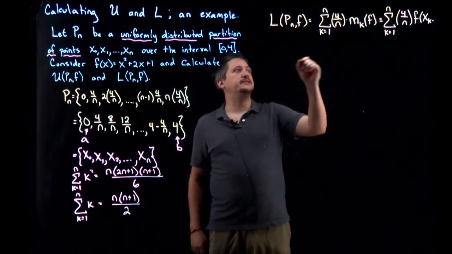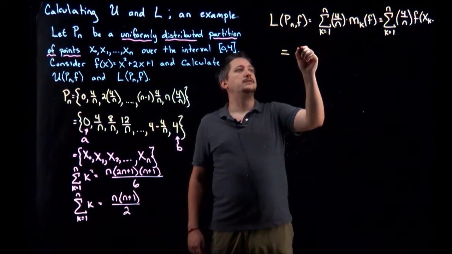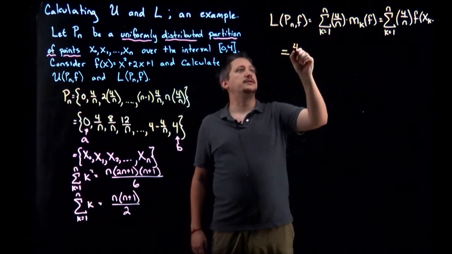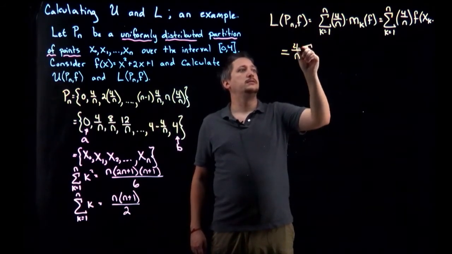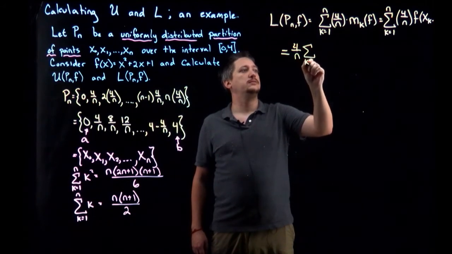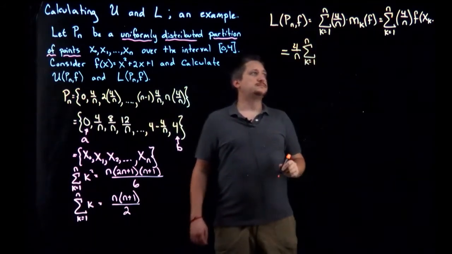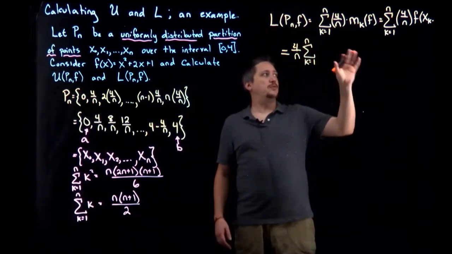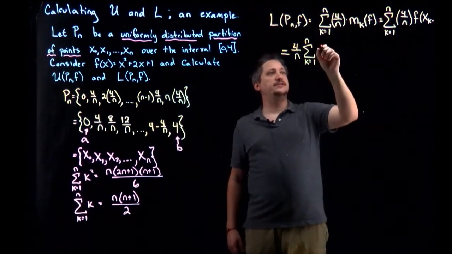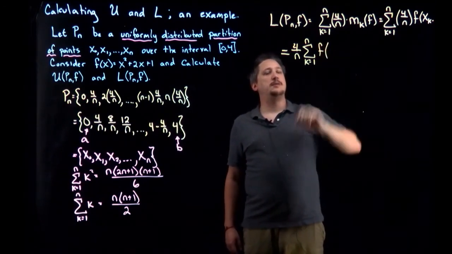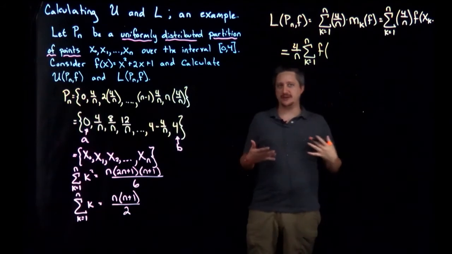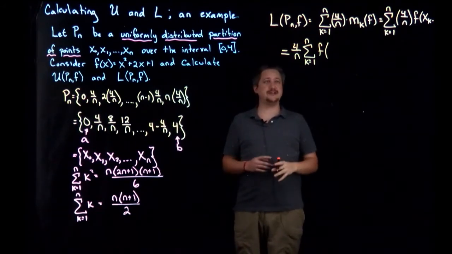The way I'm going to write this, I'm going to pull out the 4 over n again, just because it's easier that way. So again, I'm only talking about the x value itself. This is often a place where calculating this can go wrong, which is why I'm emphasizing it.